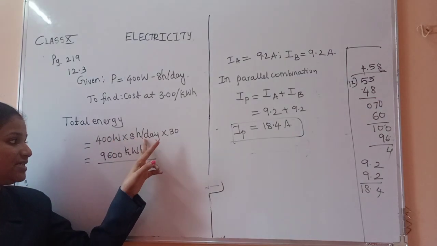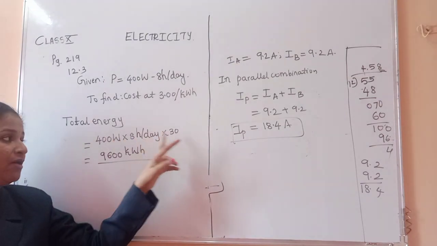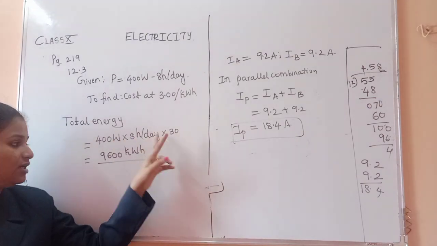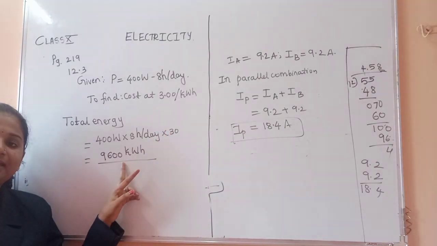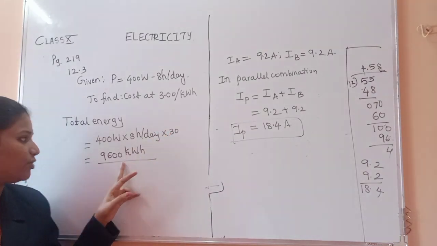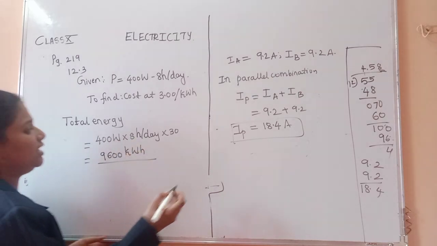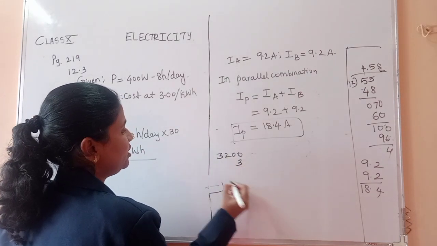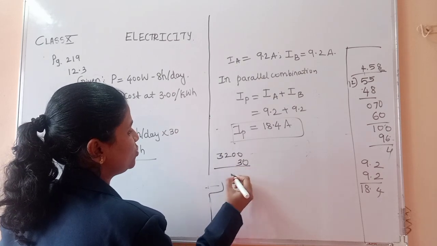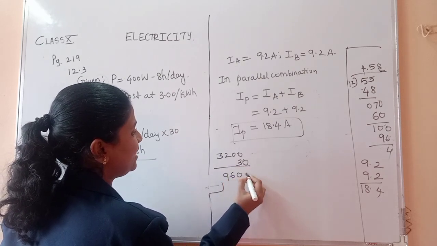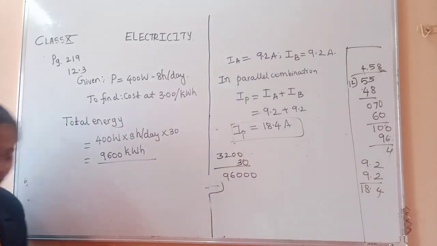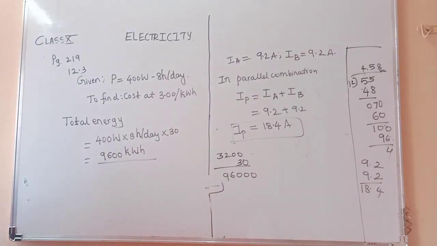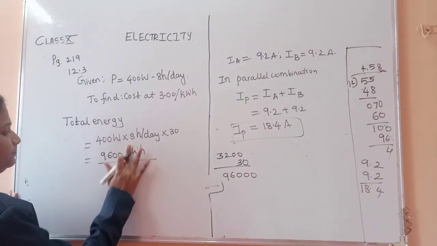For one day it is this much, and for 30 days, into 30. 4 8s are 32, 3200 into 30. So 3 2s are 6, 3 3s are 9, 96,000. So we will get around 96,000 watt hour.